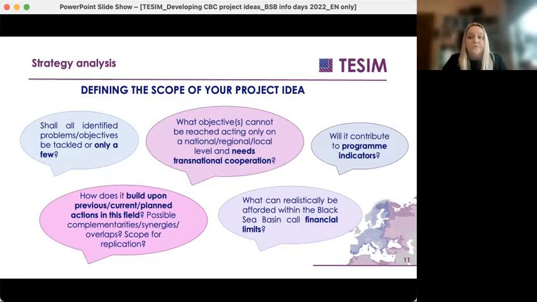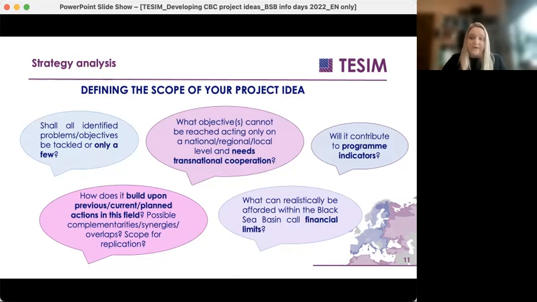So when doing this step, be realistic when defining what you can do within one project. Start from the bottom, from the causes and from the means, and see what you can realistically do. Look at the capacity, expertise, and resources that are available in the partner organizations. The scope of your project should match them.